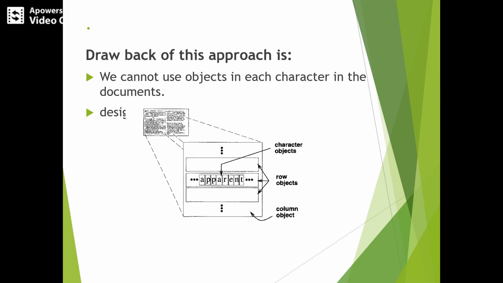The very important concept of this flyweight design pattern is the distinction between intrinsic and extrinsic state. We need to discuss the meaning of intrinsic and extrinsic state. Intrinsic state is stored in the flyweight.